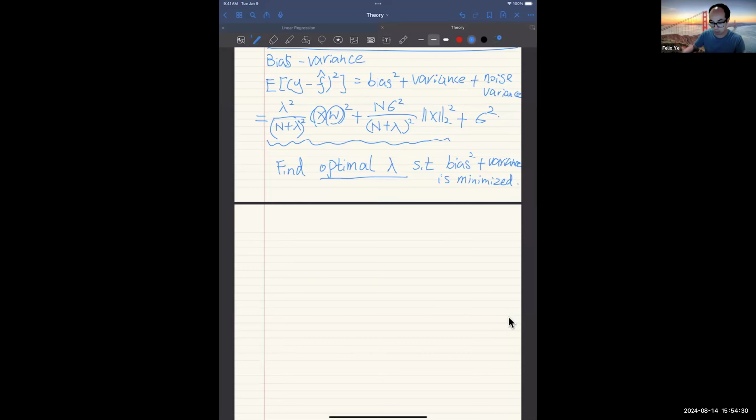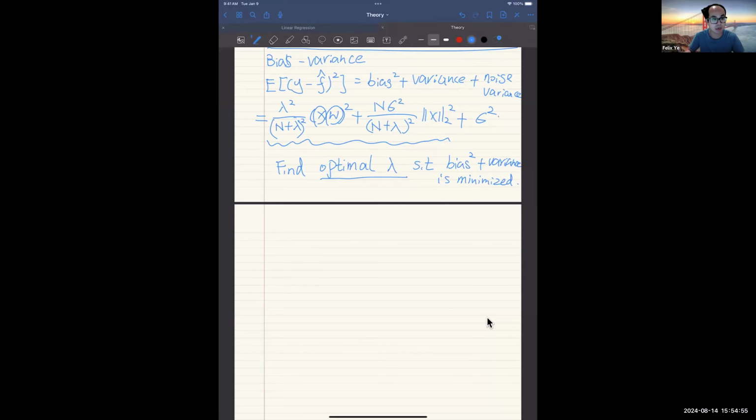In this case, it will be difficult to find the optimal lambda analytically, but the point is that such an optimal lambda does exist in theory. Okay.